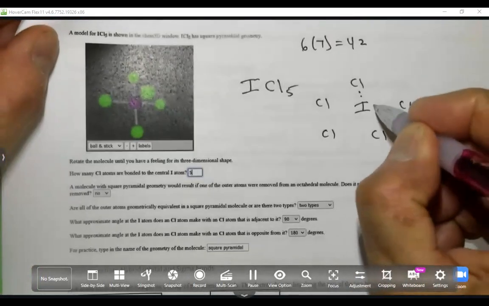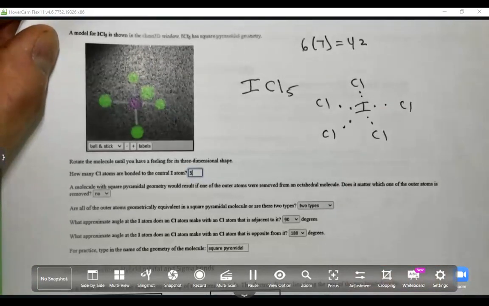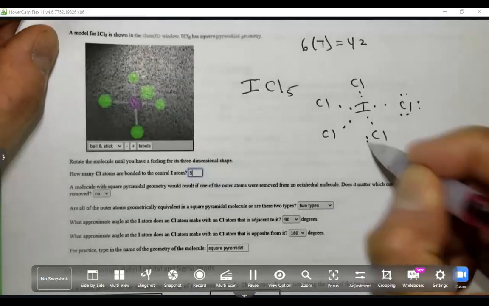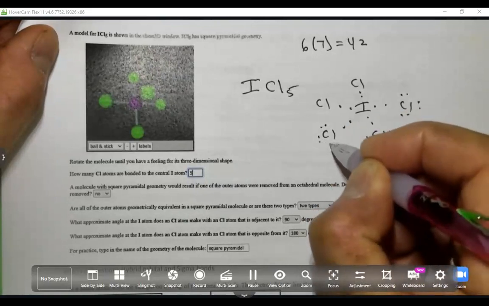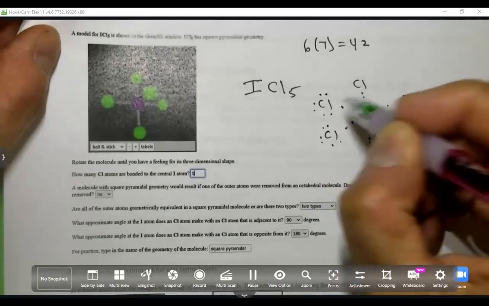And if we drew this out, and then did our terminal atoms. Oops, oh, all right.